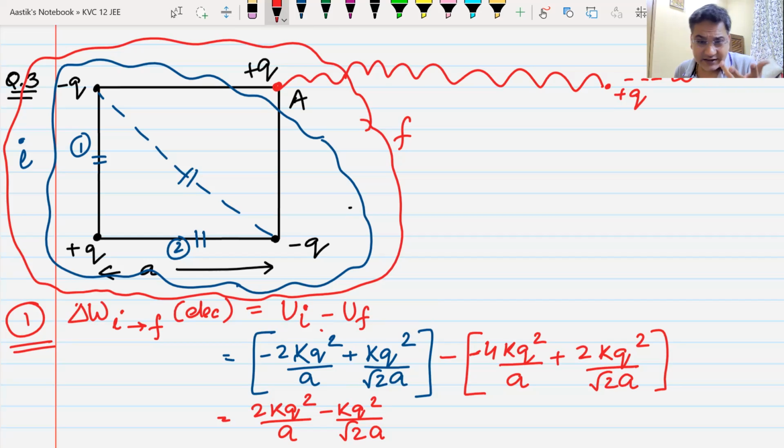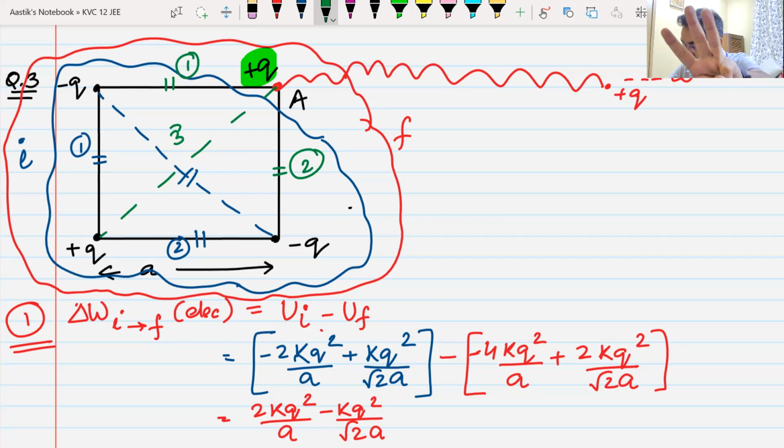Bringing this green charge, this new charge, increases 3 pairs. What are those 3 pairs which increase? Pair number 1, pair number 2, and pair number 3. The rest 3 are still the same.